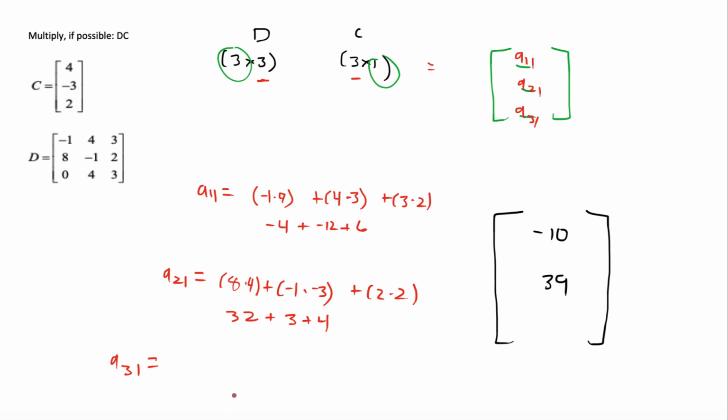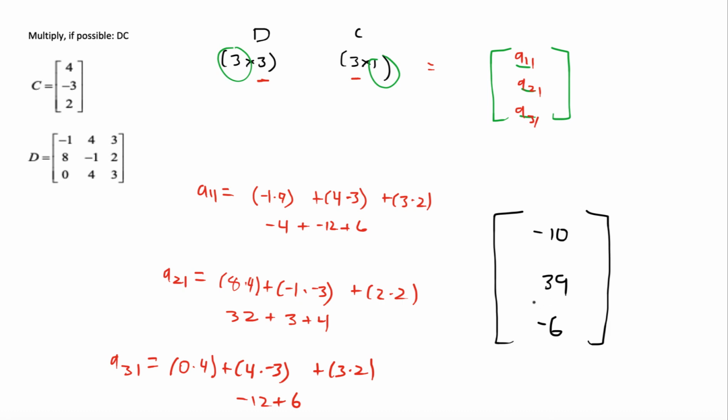Similarly, we multiply the corresponding entries together. So 0 times 4 plus 4 times negative 3 plus 3 times 2. We get negative 12 plus 6, which gives us negative 6. So this is the final answer. If we multiply D times C, we should get this matrix as the final answer.